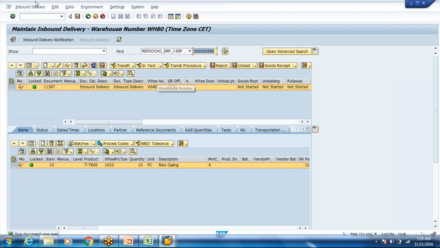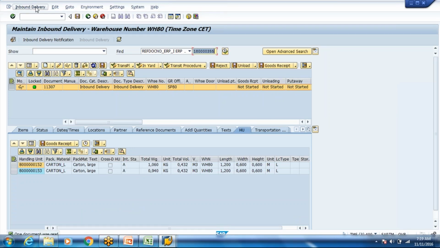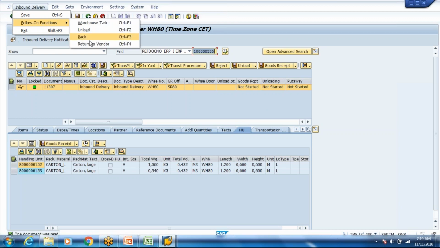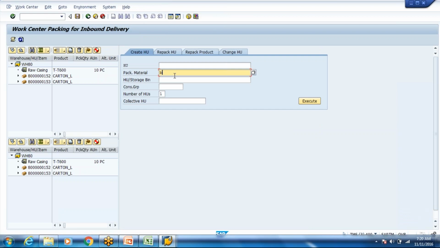Okay, so coming back, I think we were trying to do a Euro palette movement yesterday. So we wanted to see how the Euro pallets are placed. I just pack this product into Euro pallets now.